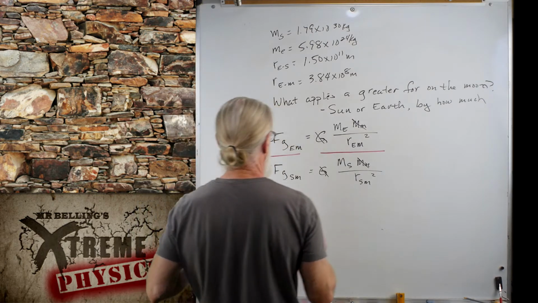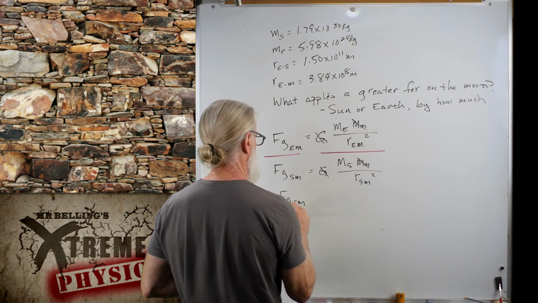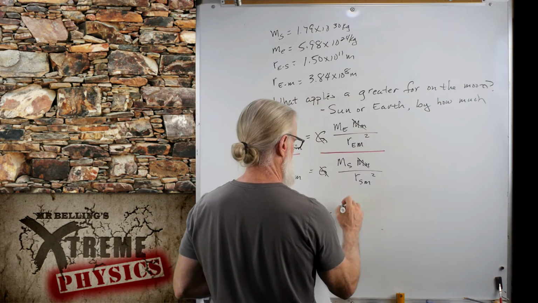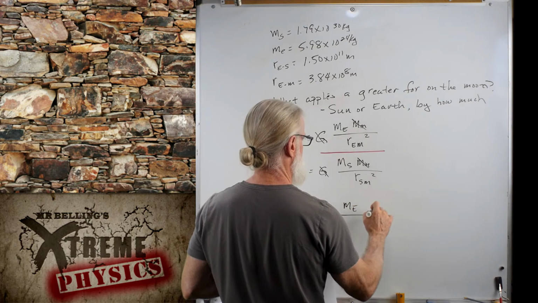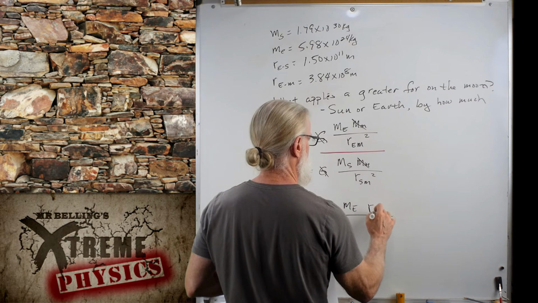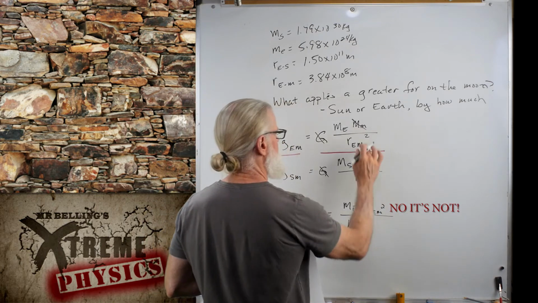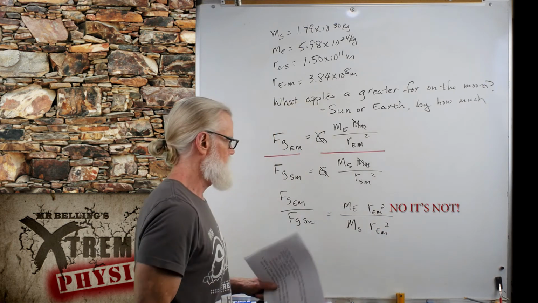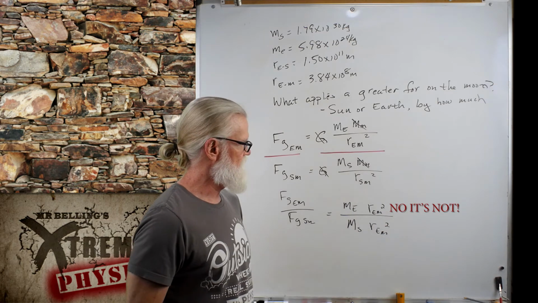So what do we end up with? We have the force of gravity Earth-Moon divided by force of gravity of Sun-Moon equals mass of Earth times the distance between the Sun and the Moon squared, which is the same thing as the Earth and the Sun squared, divided by the mass of the Sun times the distance between the Earth and the Moon squared. All right, just got to plug some numbers in.